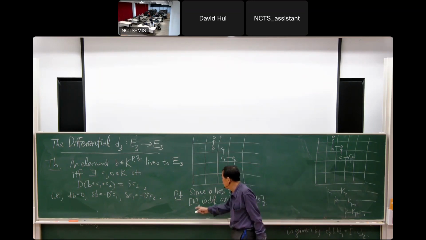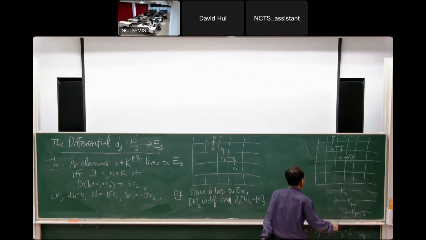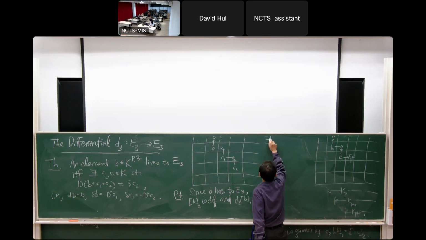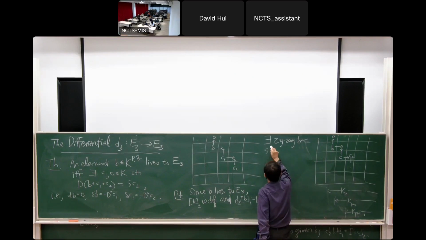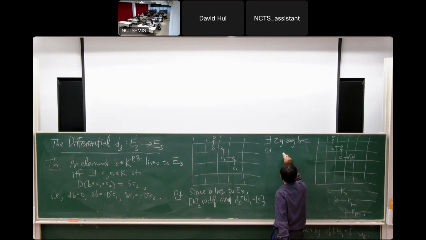Okay, and so because its class is defined, so there exists zigzag B plus C, okay, such that the class B2, and then you apply D2 to this is 0.